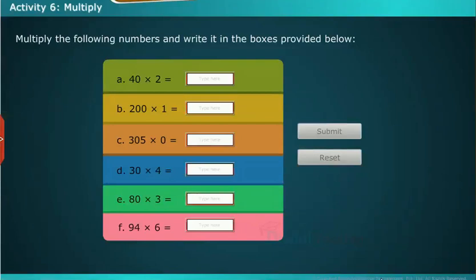Let us do an activity to multiply the numbers. Multiply the following numbers and write it in the boxes provided below.